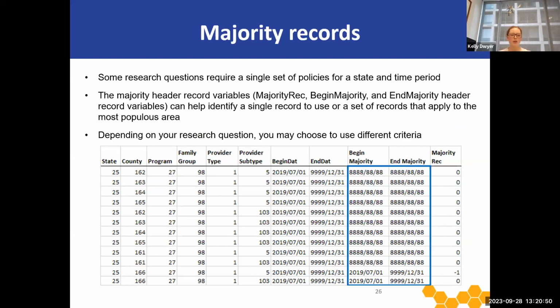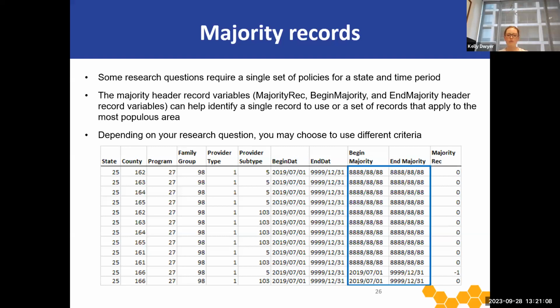The majority header date variables in the database, which are highlighted here by a blue box, are called begin majority and end majority. And they help us identify the records that apply to the most populous area of the state when there is sub-state variation and no state-level policy available.